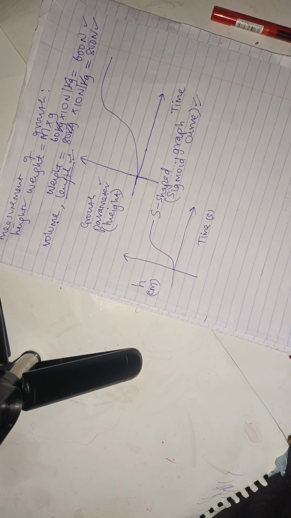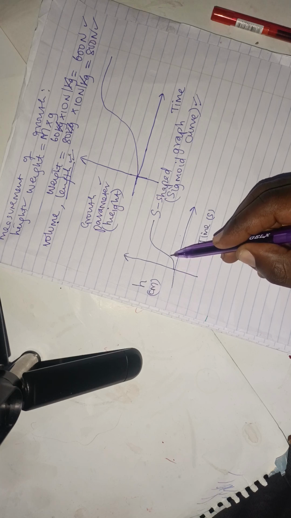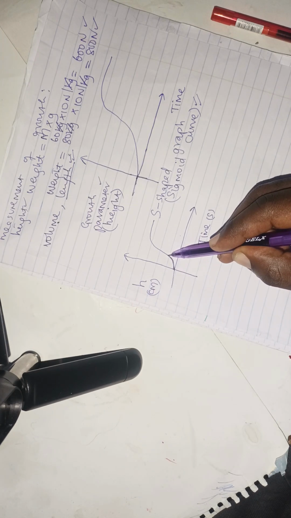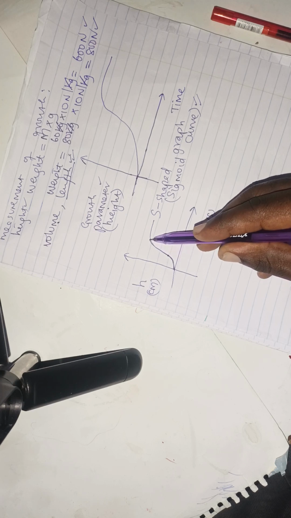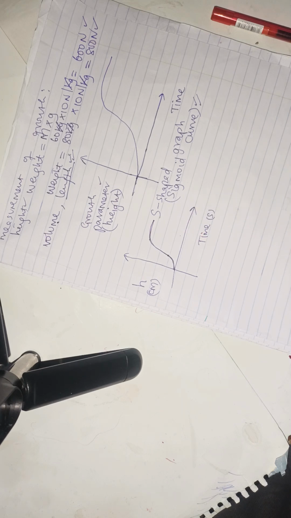And descriptively, you can realize that the pattern is due to the fact that growth tends to be slow at the beginning, or at the first point of growth, and then it speeds up until it later on slows down when someone has aged, or the organism has aged.